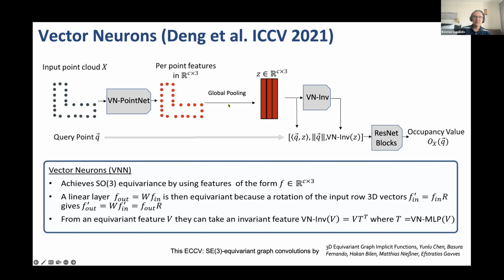And this way, if you have a linear operation, then the post-multiplication with the rotation is not affected. So by construction, it becomes equivariant. And then the remaining problem is the nonlinearity, which is achieved by building an invariant input to our occupancy network.